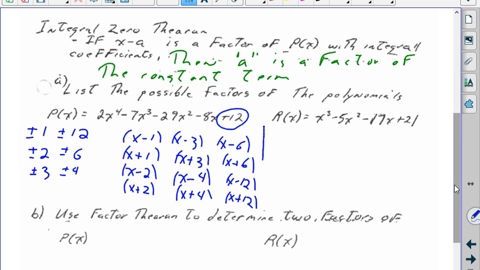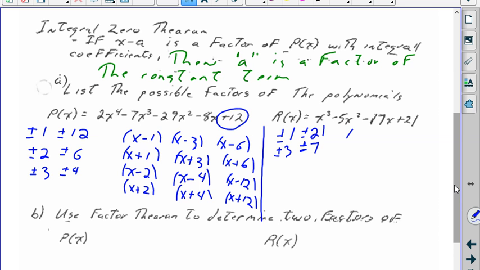Same thing with this one. Our possible zeros are plus or minus 1, plus or minus 21, plus or minus 3, plus or minus 7. Those are the only factors you have of 21.